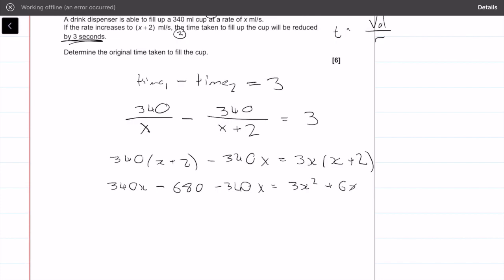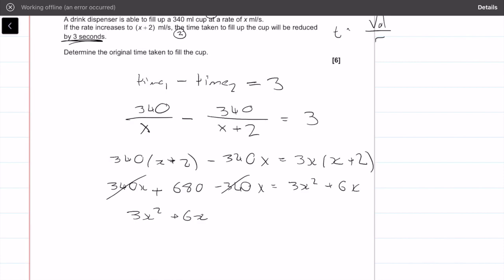Okay, so these 340x's cancel, so taking this 680 across, we get 3x squared plus 6x plus, sorry, that's not right, this is a positive. This is a positive right there.